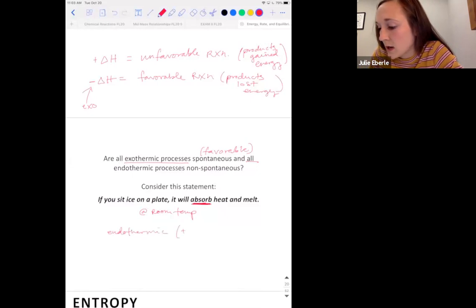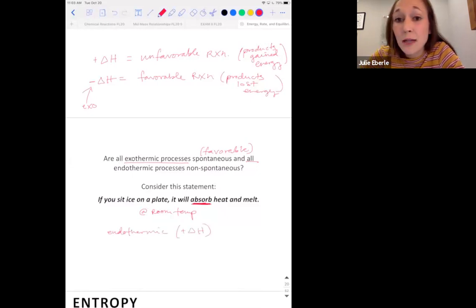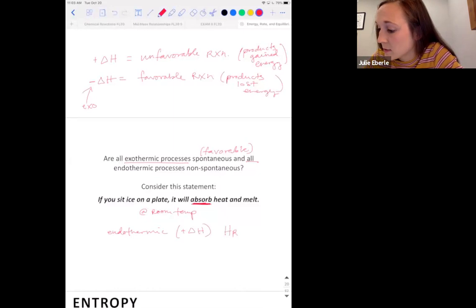Your delta H is positive, which means the enthalpy of the reactants was a larger number than your enthalpy of the products. And we can write the enthalpy of the reactants, I'm just going to abbreviate R for reactants, is greater than, it was a bigger number than the enthalpy of the products. Because remember, delta H, the way we calculate it, is the sum, we use this fancy Greek symbol for the sum, of the enthalpy of the reactants minus the sum of the enthalpy of the products.